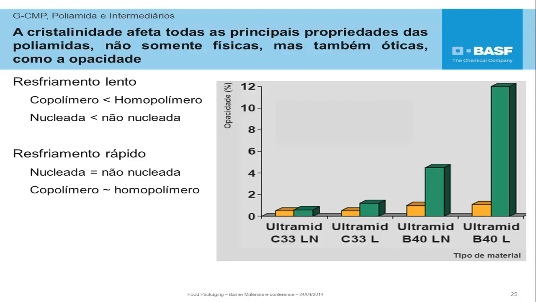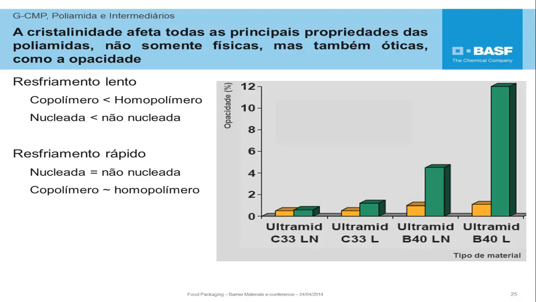We will now analyze the reason for this difference between nucleated and non-nucleated in relation to the optical properties. As we explained before, the nucleating agent works as a seed promoting crystal formation. Crystals grow faster and smaller than the natural formation of crystals.